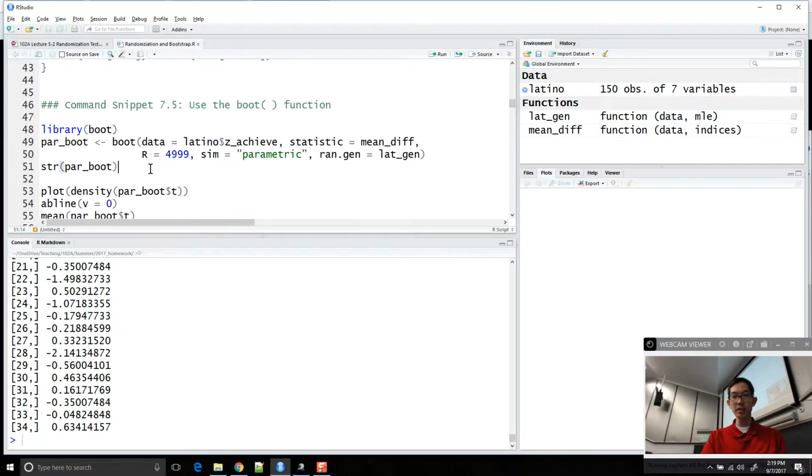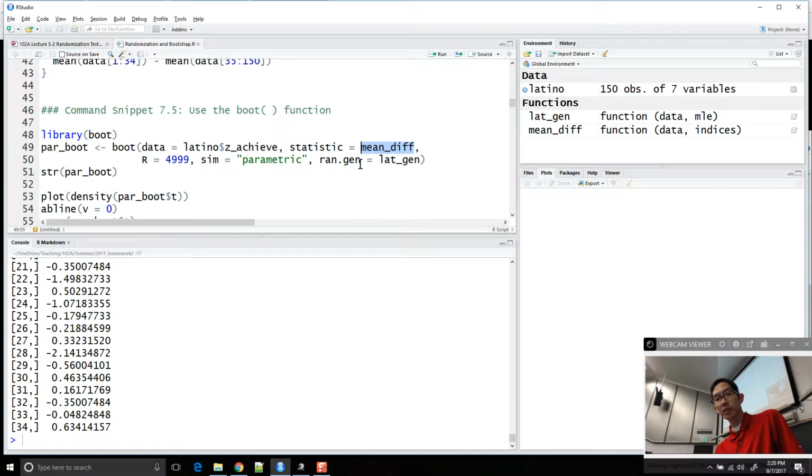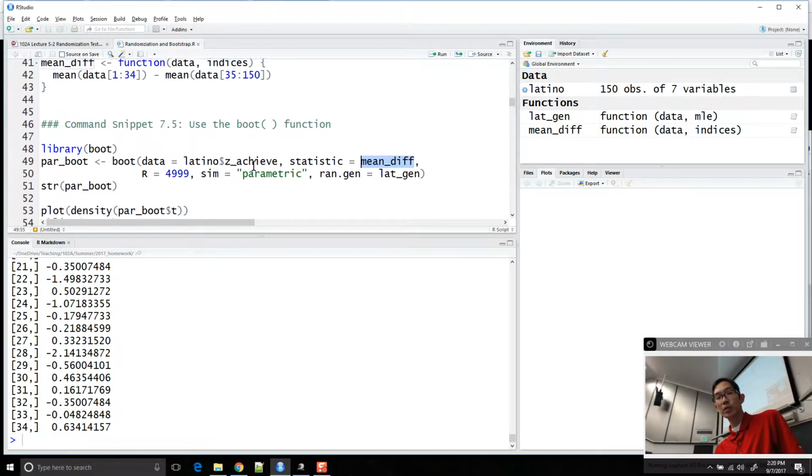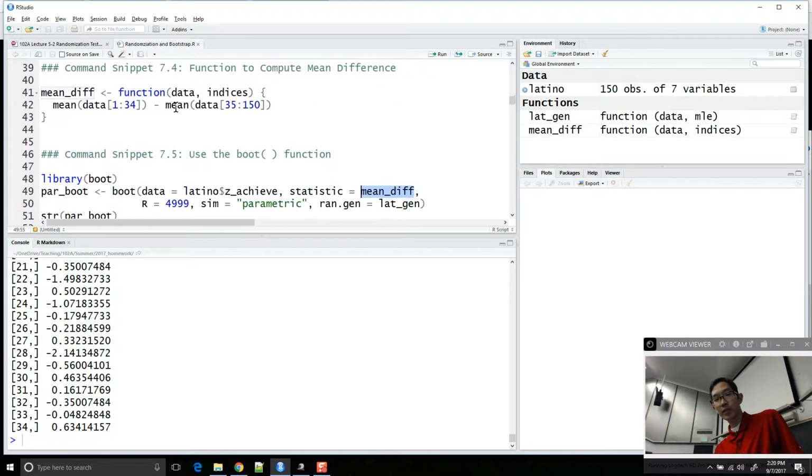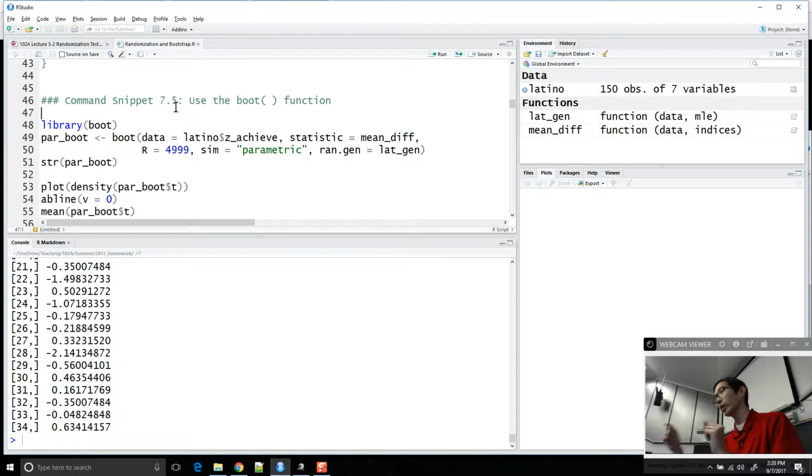So the idea here with the bootstrap is we're going to feed it a vector, which is our achievement z-scores. The statistic that it's going to calculate is the mean difference. What bootstrap does is generate a randomized vector of indices, instead of actually shuffling the data, because shuffling the data is a little bit more computational work.